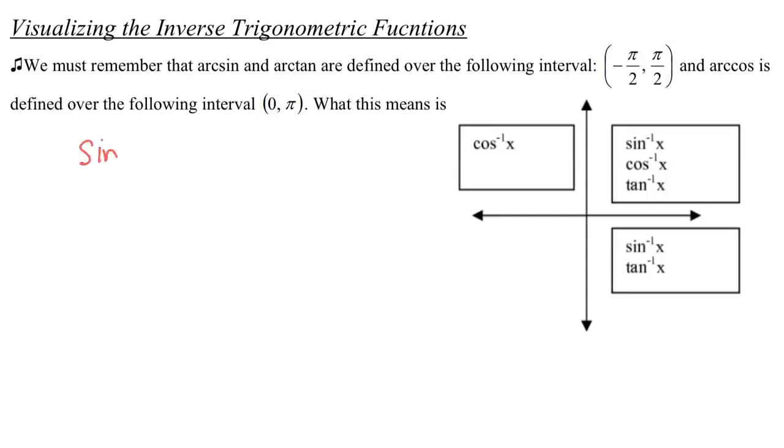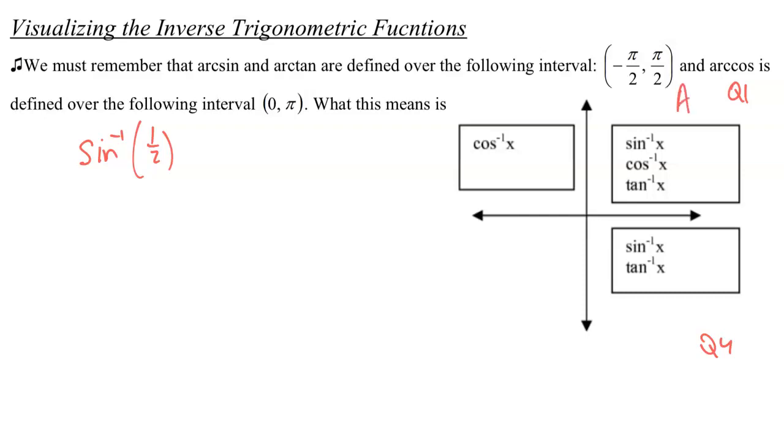Let's say that I have sine inverse of positive a half. Well, the only two options for the answer are quadrant 4 down here or quadrant 1 up here. But of those two quadrants, which of them has positive values for sine?